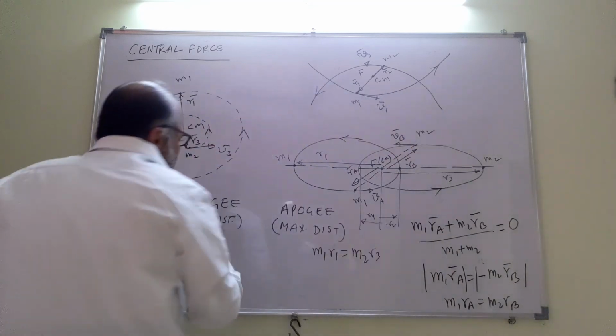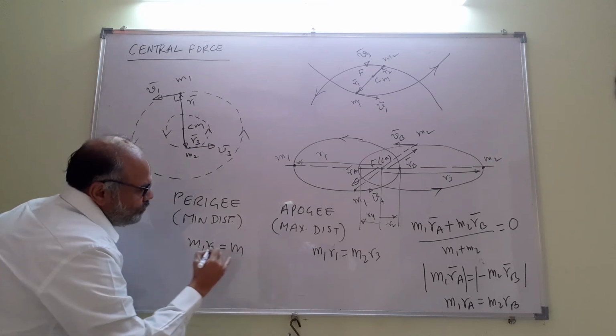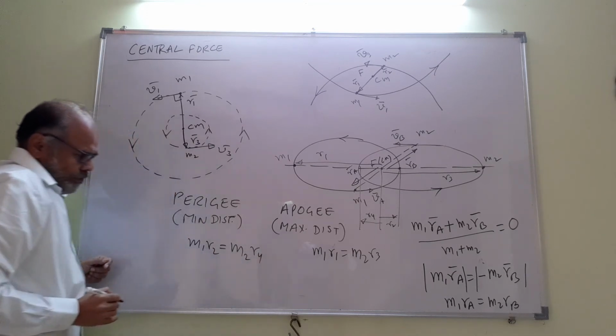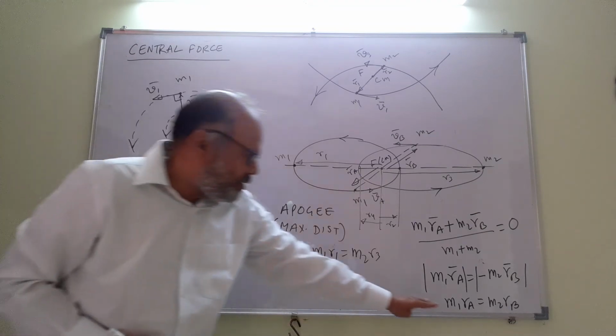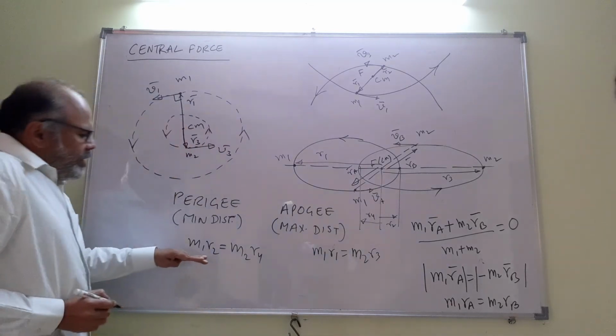So we can say M1 R2 is equal to M2 R4, by this equation M1 RA equal to M2 RB.